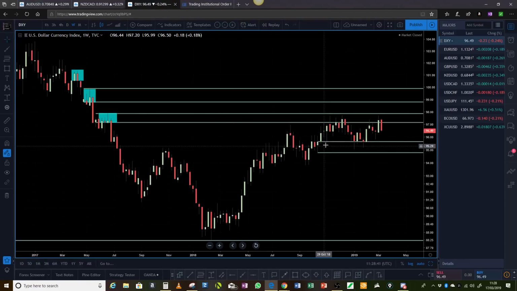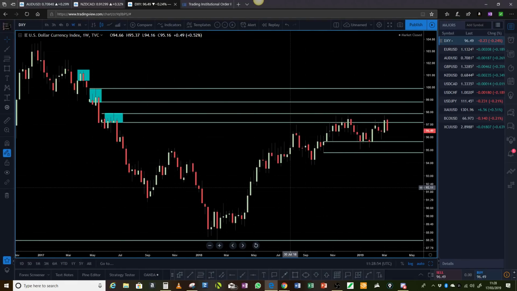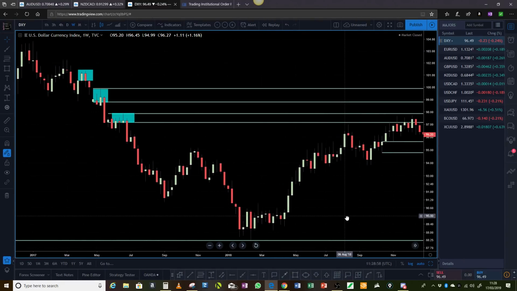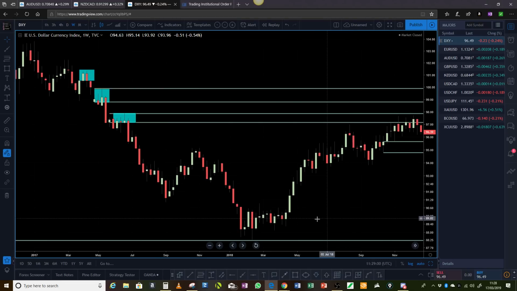So I've drawn out a demand zone here that's been tested once, twice, three times, and it's rallied up. We have a supply zone here that's been tested multiple times and is yet to be taken out. Now, I want to take you back and let's play a game. Say you came to the markets when prices were like this.